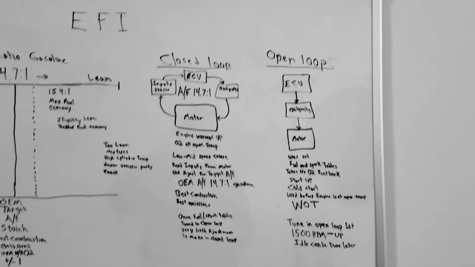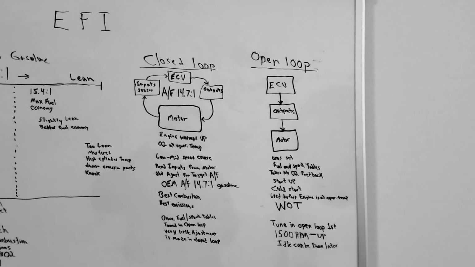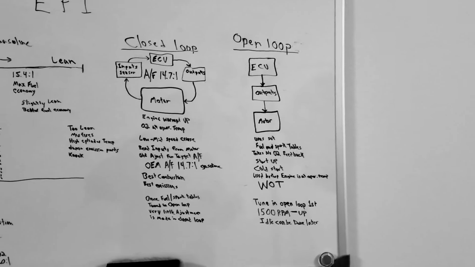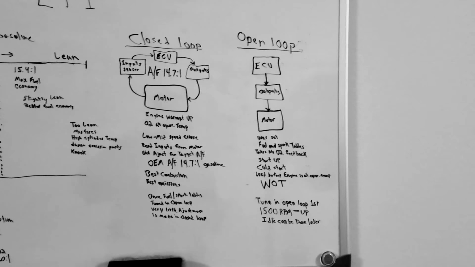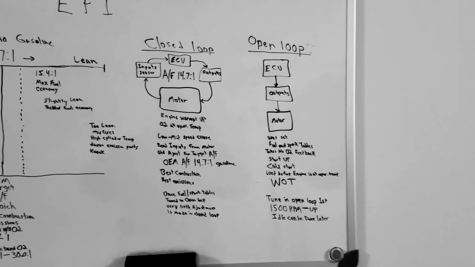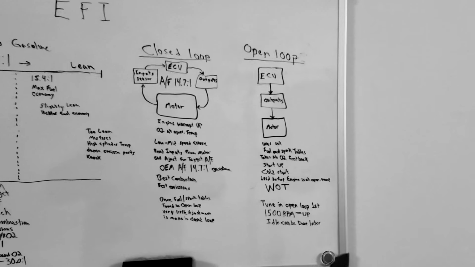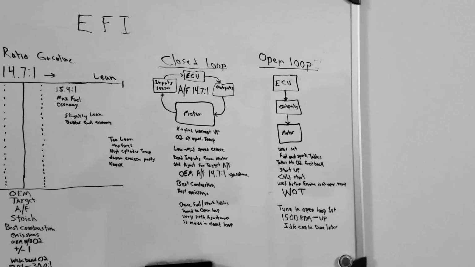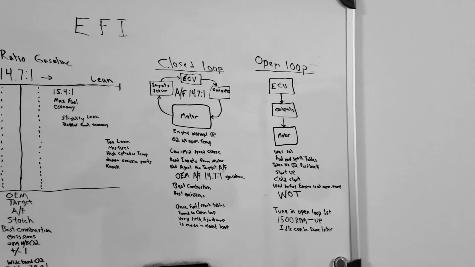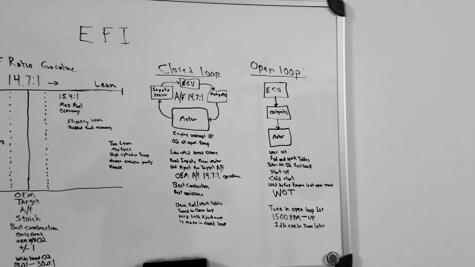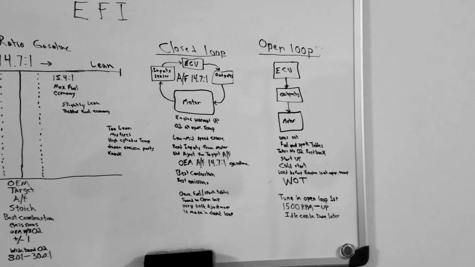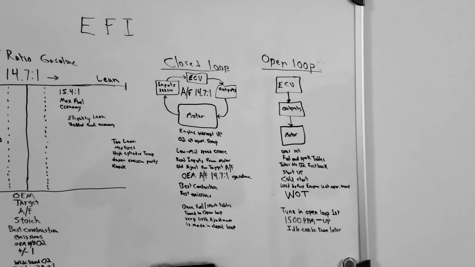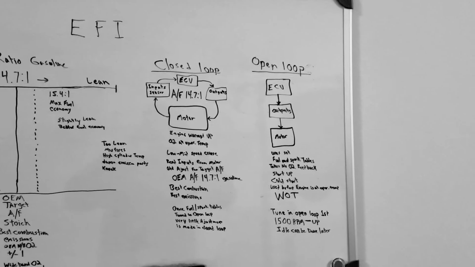So that is the way of EFI, where we can have the best of both worlds, as opposed to guys running carbureted motors that have to make jet changes per the different altitudes and temperatures that they run. That's definitely one place where EFI shines.